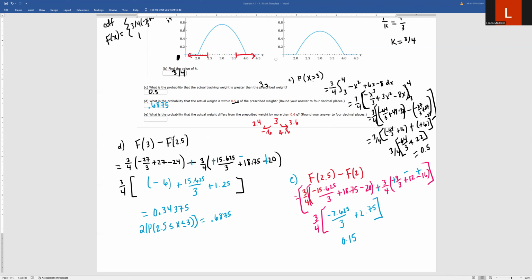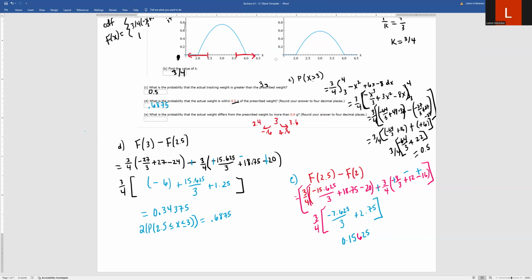And then we're adding to that the 16 but subtracting the 12, that does equal 2.75. Negative 7.625 divided by 3, and then add 2.75 to it. That's 0.2083 repeating. Okay, it's 0.15625 is what we're getting there.